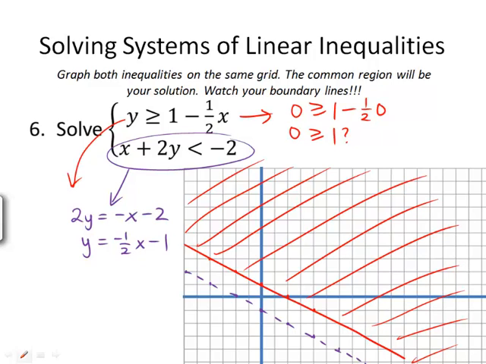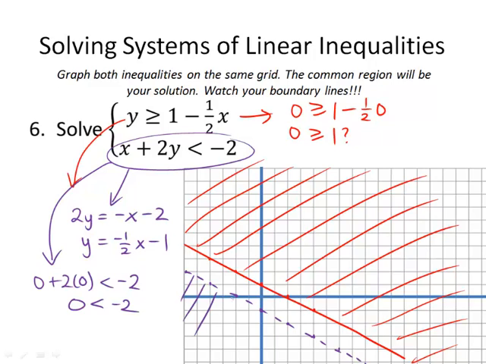The other line, let's plug in a 0, 0 to that. We get 0 plus 2 times 0 less than negative 2. Is 0 less than negative 2? No, it's not. So that means we shade in not the 0, 0 point, but all the other points on the other side.